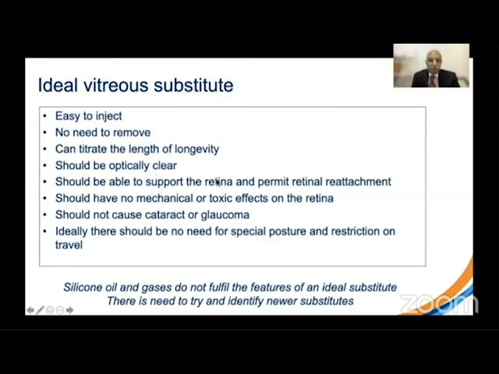It should be able to obviously support the retina and permit retinal reattachment. Should have no mechanical or toxic effects on the retina and should not cause cataract or glaucoma. Ideally, there should be no need for special posture and there should be no restriction on air travel. Now, none of the substitutes we have currently fulfill these criteria. So there's obviously need to try and identify newer substitutes.